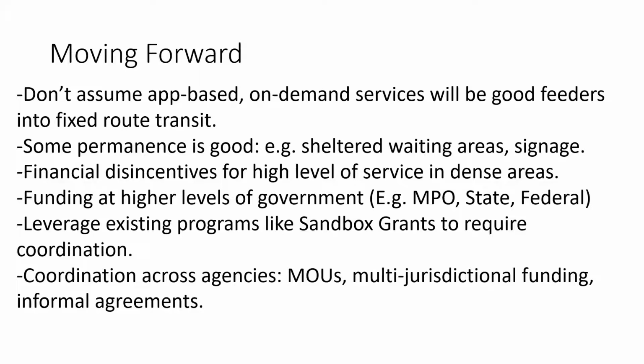Well, in our interviews, we found staff members from several of the agencies were talking about the high cost of providing for every rider. So if we're going to make app-based on demand a serious form of public transportation, we do have to accept that for every rider, it's going to be a higher cost.